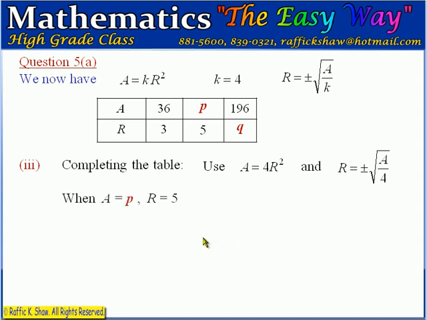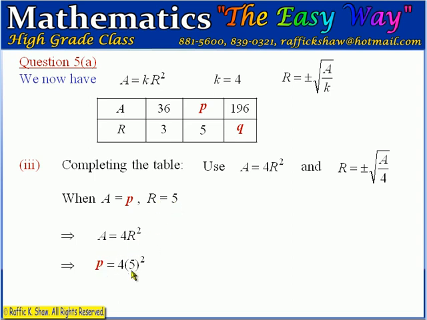And so, firstly, to calculate P, we see that when A is P, R is 5. And as I said, we are trying to calculate an A value, so we're using this formula and substituting those values. A is P, so A becomes P here.